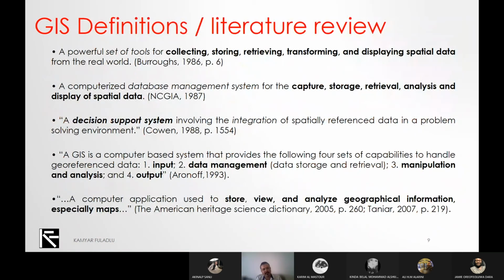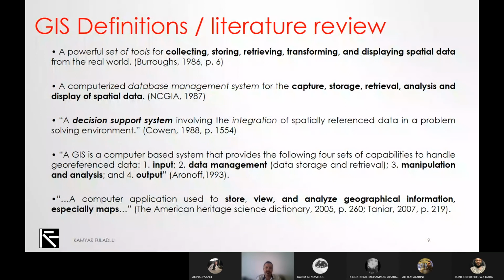We have 1,000 GIS definitions, but I believe that all of these definitions have some common keywords. These keywords include collection or capture or input.